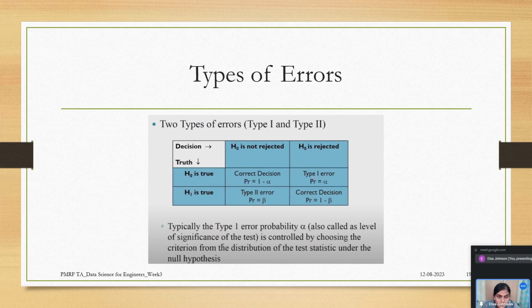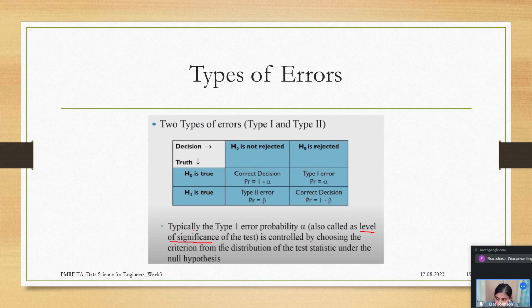If the null hypothesis is true but we reject it, it leads to type 1 error. The type 1 error probability is given by alpha. This alpha is normally known as the level of significance of the test, which is the probability that the null hypothesis is true but we have rejected it.